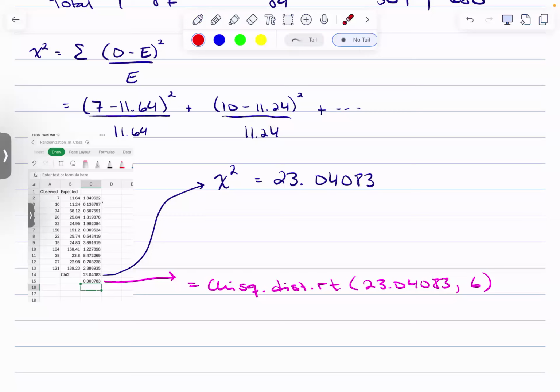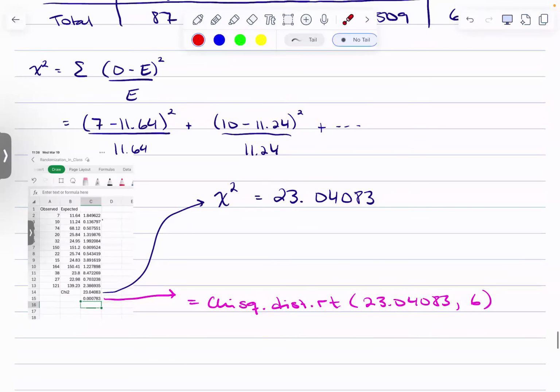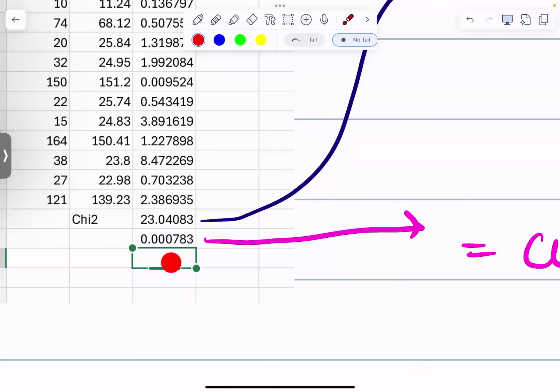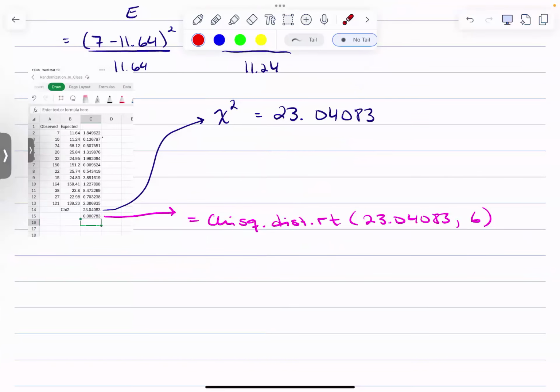So you could do it like this, or you can try feeding it into just the table, but you can poke around. This is our p-value. That's nice. Hard to find a critical value, so let's just stick to the p-value.